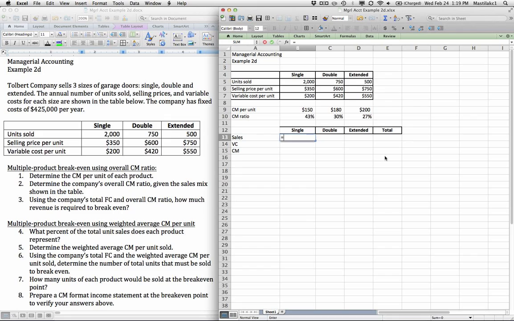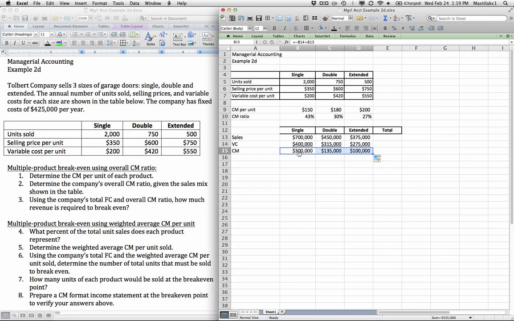So what we'll do is we'll calculate the total sales of each product, multiply the number of units sold by the selling price per unit, and so this is our total sales revenue for each of our 3 products. And we'll do the same thing with variable cost. Take the number of units sold times the variable cost per unit, and we have the variable cost for each of these, and then we can easily calculate the contribution margin by subtracting variable cost from sales.